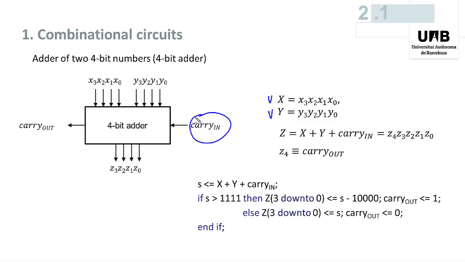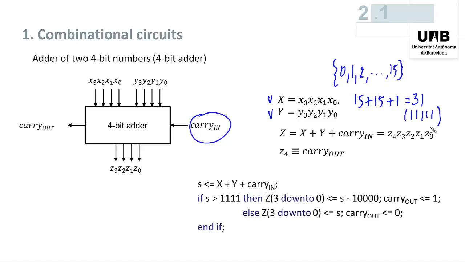Thus, x and y are natural numbers belonging to the set 0, 1, 2, and so on, up to 15, and the maximum value of z, the output of the adder, is 15 plus 15 plus 1, that is to say 31, and 31 is in binary 1, 1, 1, 1, 1, so that the result of the addition is a 5-bit number.